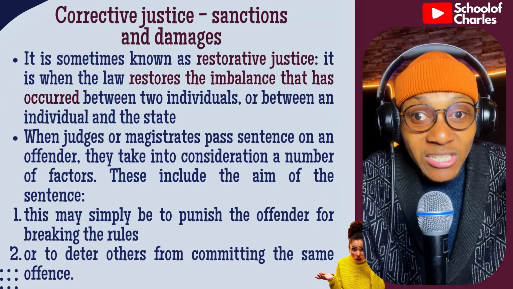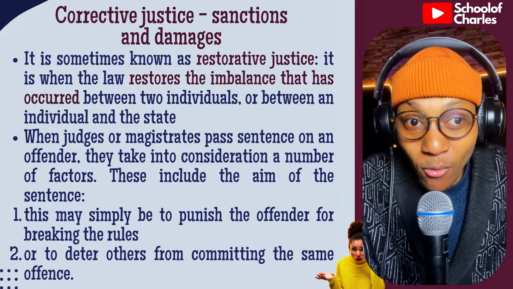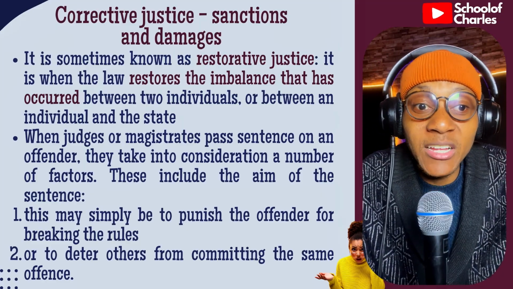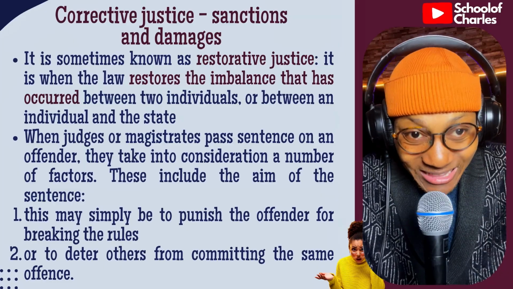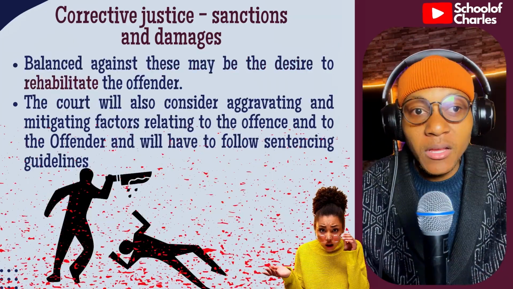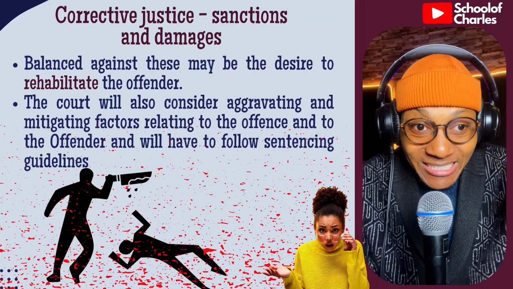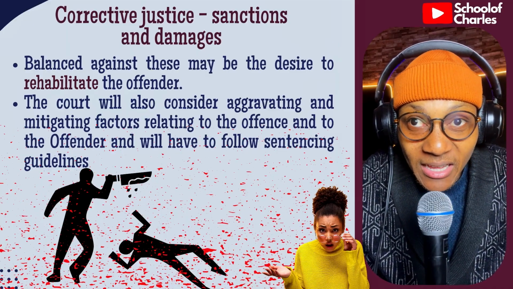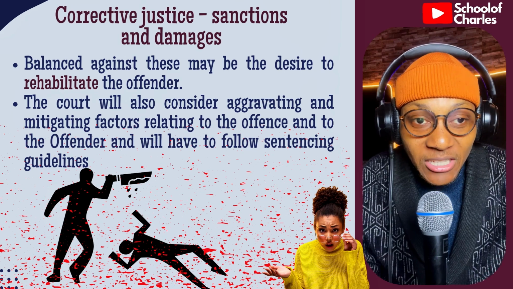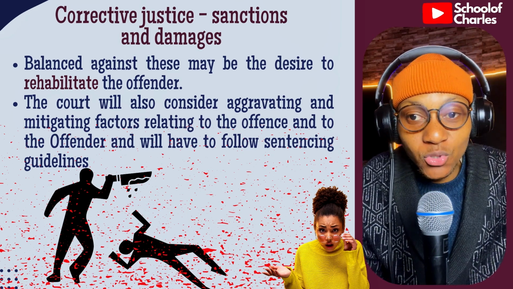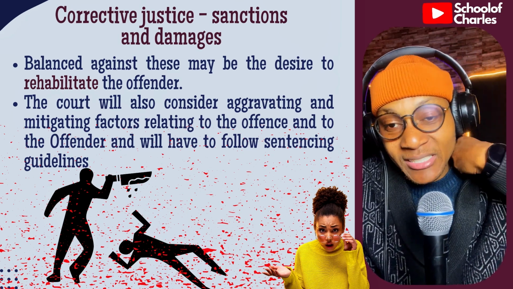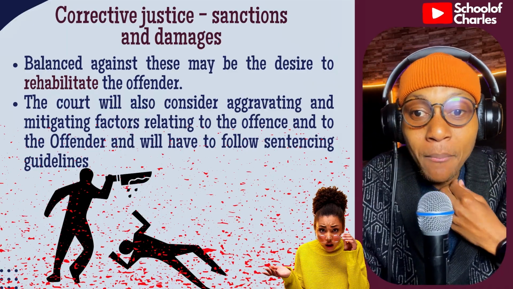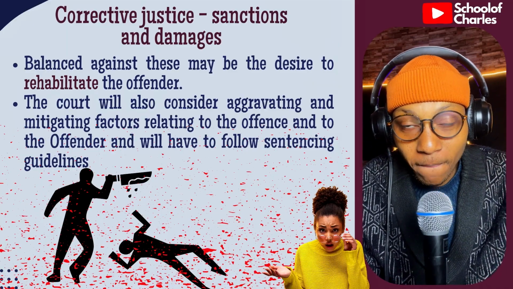Number two, it can be to deter others from committing the same offense, to use them as an example that if anyone does this, this is what happens to them. However, balanced against these aims may also be the desire to rehabilitate the offender. So rehabilitation, we're talking about, we want to put this person in prison so that they may learn their lesson and come out better people.